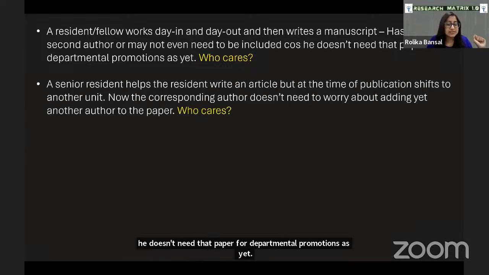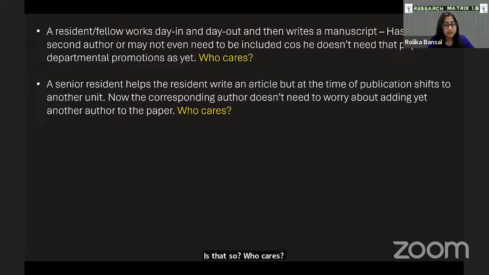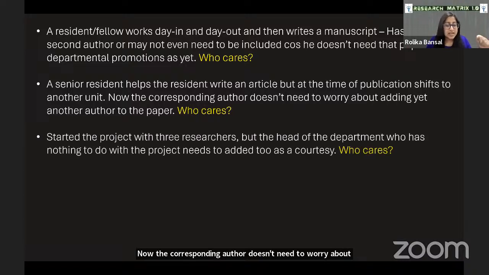A senior resident helps the junior resident write an article, but at the time of publication, shifts to another unit. Now the corresponding author doesn't need to worry about adding yet another author to the paper, correct? Who cares? Started the project with 3 researchers, but the head of the department, who has nothing to do with the project, suddenly needs to be added as a courtesy. Is that right? Who cares?